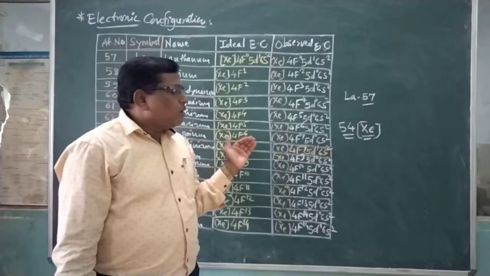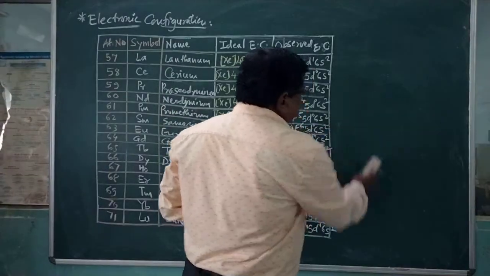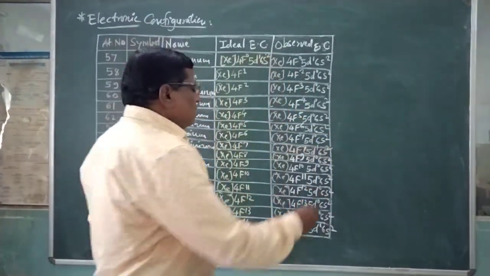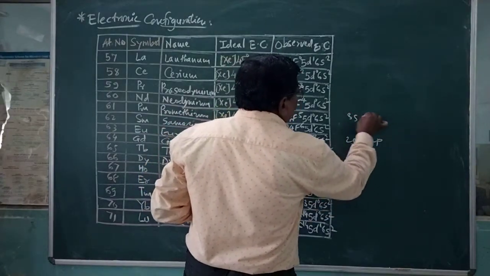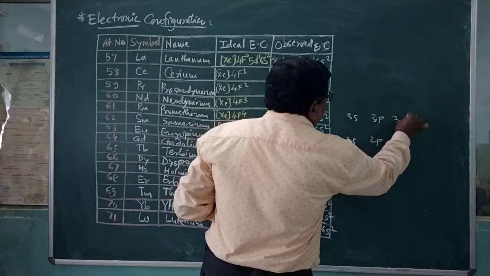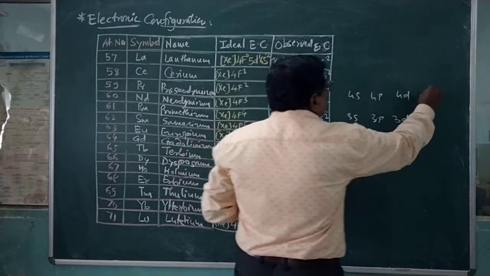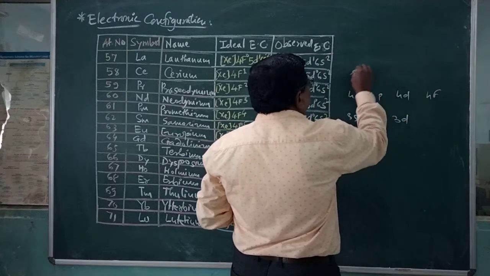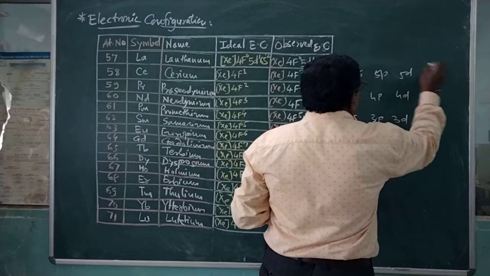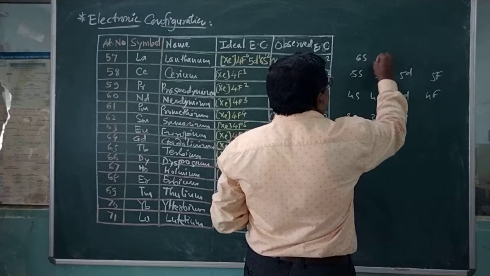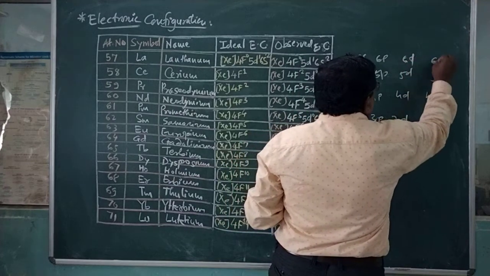Now here atomic orbitals can be arranged in the increasing order of energies. When we take 1s, again 2s, 2p, 3s, 3p, again 3d can be taken, 4s, 4p, 4d, 4f we have taken, again 5s, 5p, 5d, again 5f can be taken, 6s, 6p, 6d can be taken, again 6f can be taken.